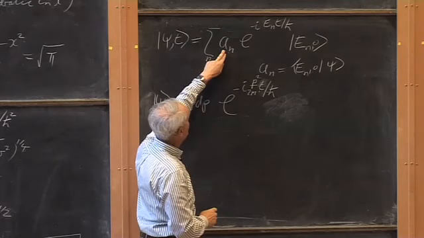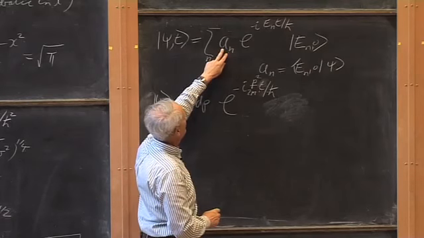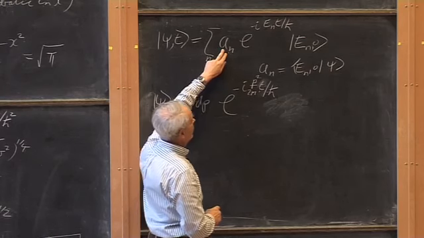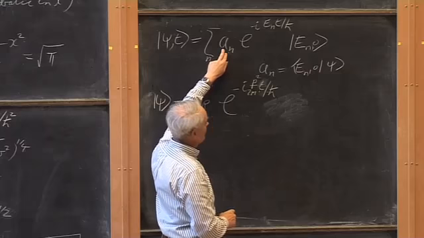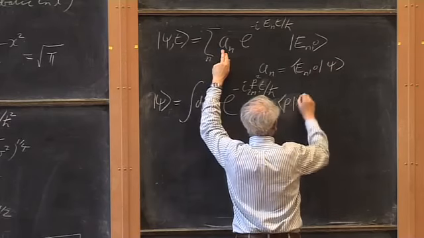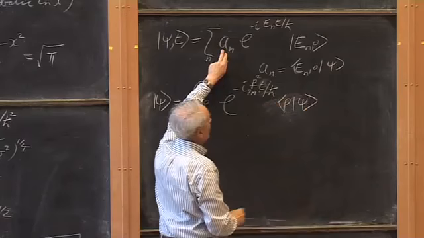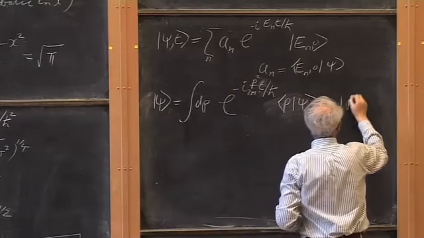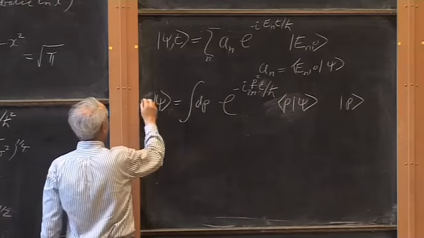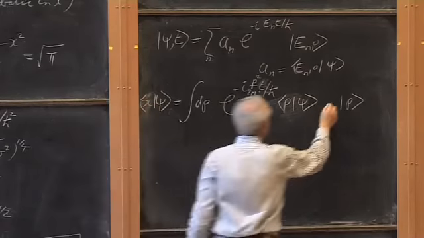It's the amplitude to have, at time t equals naught, energy E_n, which in our case is the amplitude at t equals naught to have momentum p, right? And then now we have the state p. And now if we want the wave function in real space, we should bra through with x.